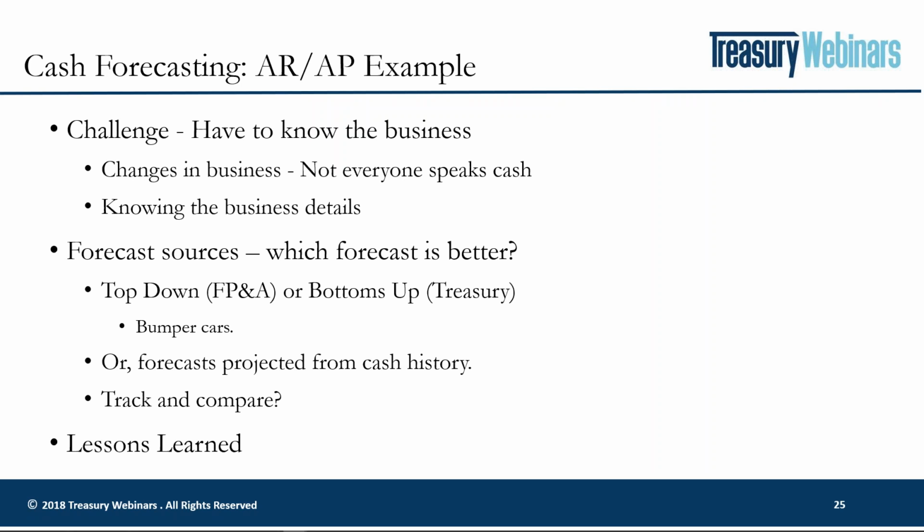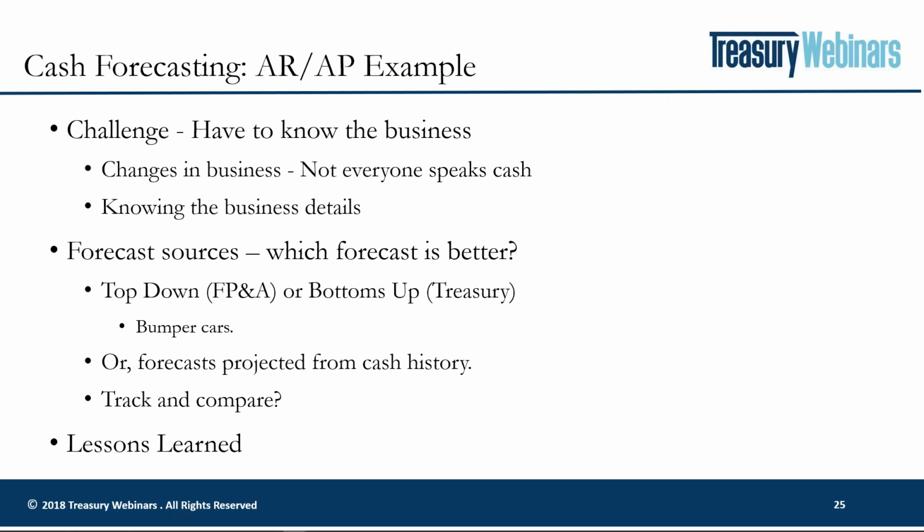So how do you go about making sure that you have that seat at the table, that you're involved in those discussions? And when people hear something that is going to impact cash, they think about you, they keep you in mind and say, okay, we need to get this information over to Treasury so they can incorporate it as part of their forecast.